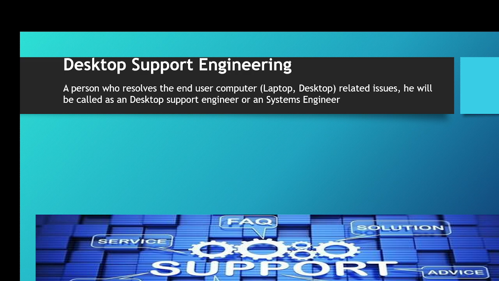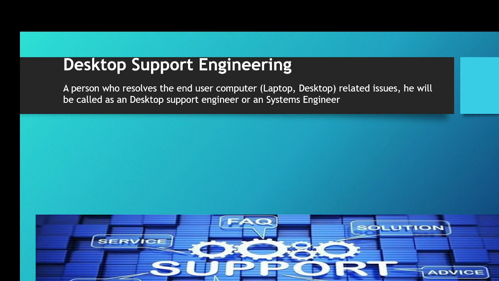These devices which are used by an end user are called end user devices. Any device that is used to access an application by the end user, either a laptop, a desktop, a mobile phone or whatever it is, we call an end user device.